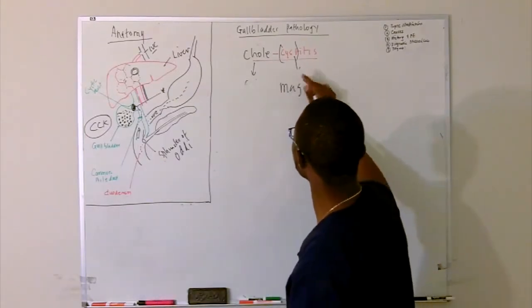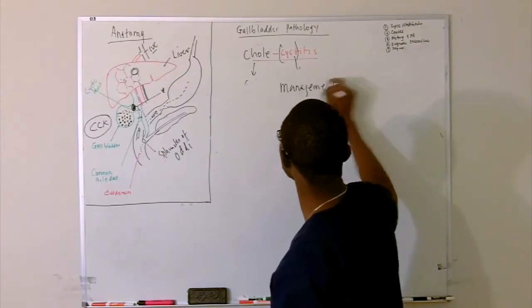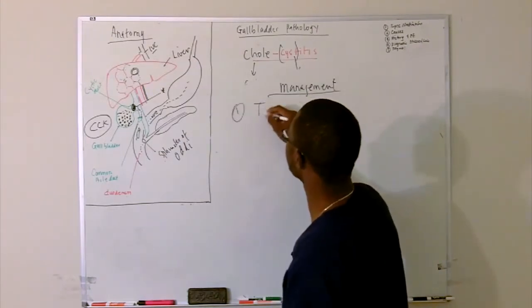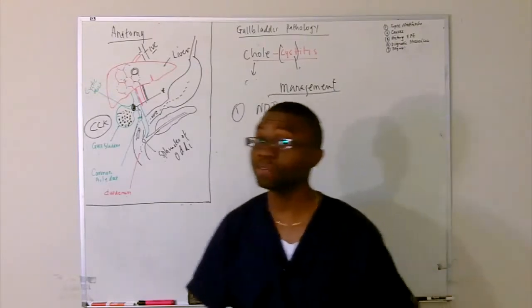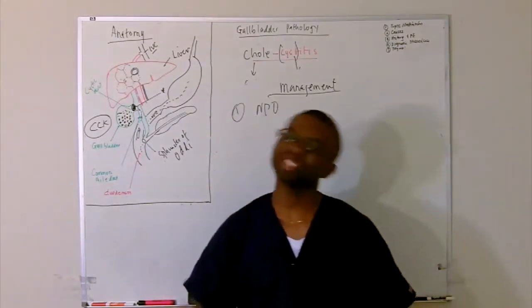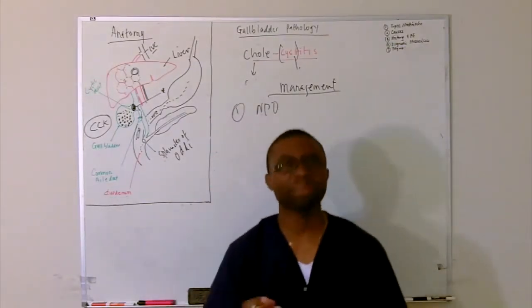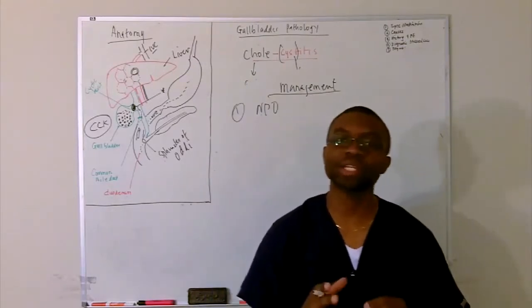And we already made the diagnosis: it's acute cholecystitis. Make sure they're not eating any food. NPO, no food. You know why? Because if you make them eat again, they're going to get that bladder to contract. So you want to keep it to rest. You rest that gallbladder. It's already inflamed.